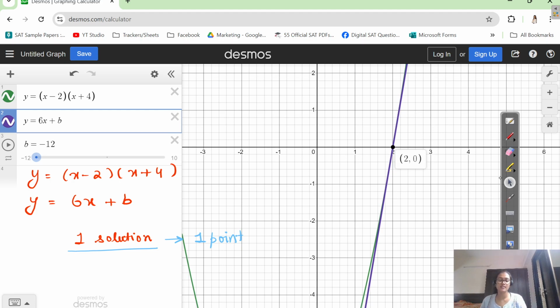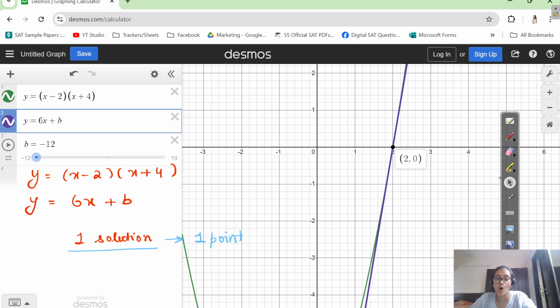So this is another type of question in which they will remove a constant with a variable, and they will give you the nature of the solutions, and you will have to add a slider and adjust the slider until you get the nature of the solution.